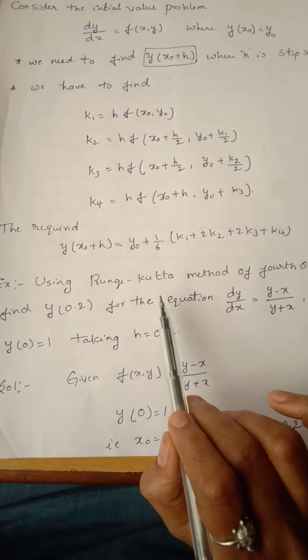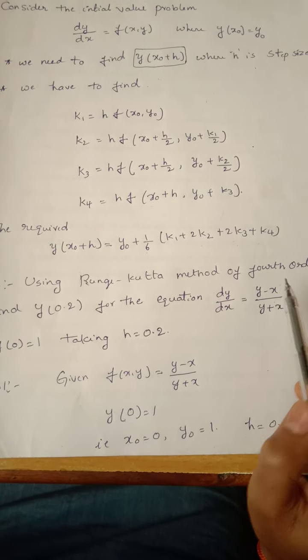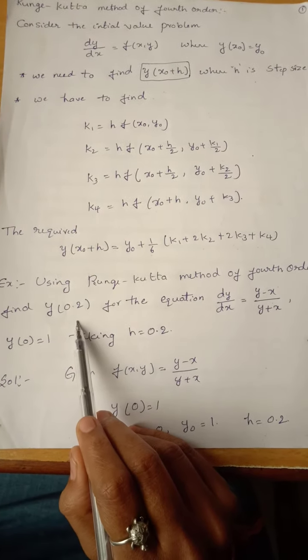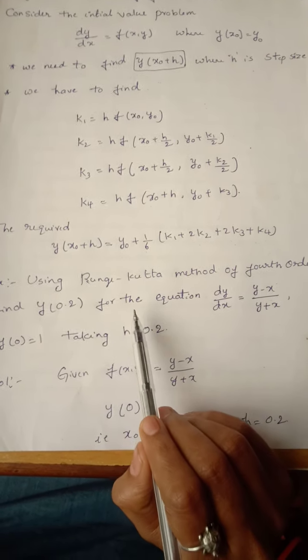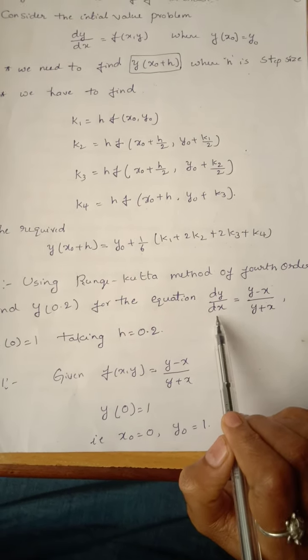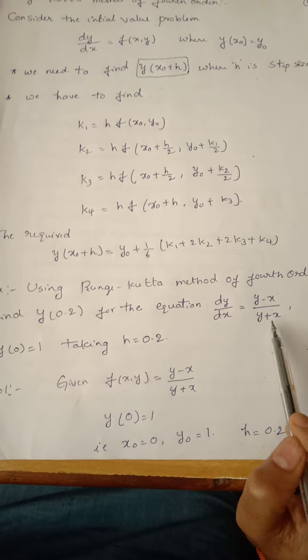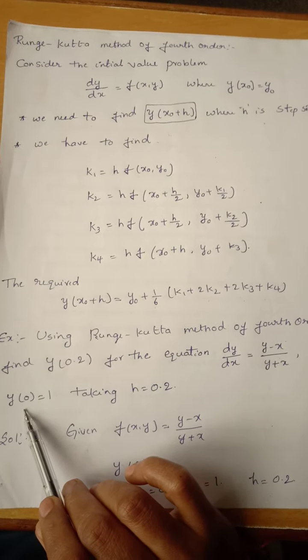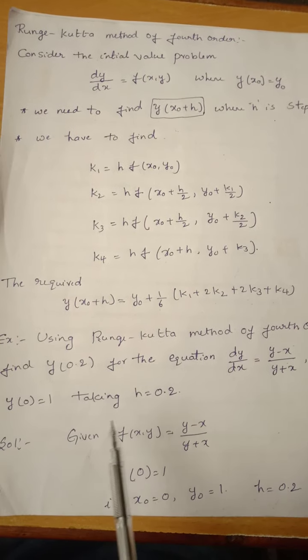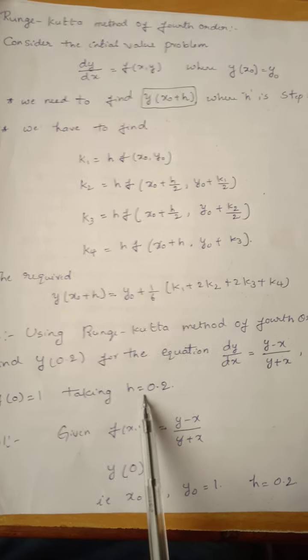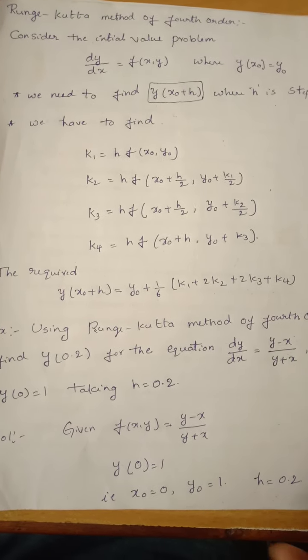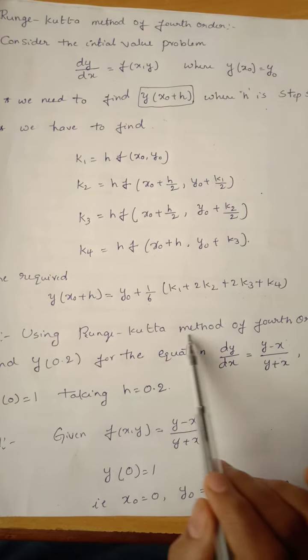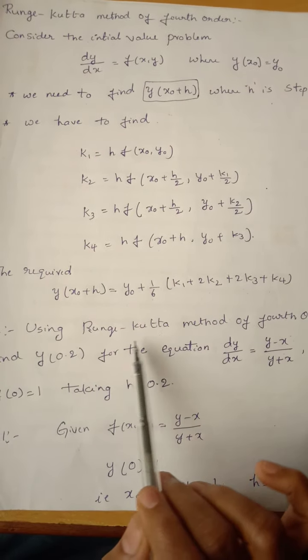Using the RK method or Runge-Kutta method of fourth order, find the value of y at 0.2 for the equation dy by dx is y minus x by y plus x, with initial condition y of 0 equals 1, by taking the h value as 0.2. Here they clearly mention which method you have to follow.